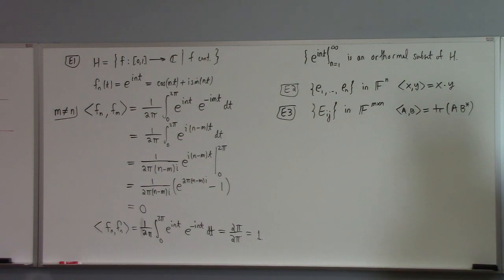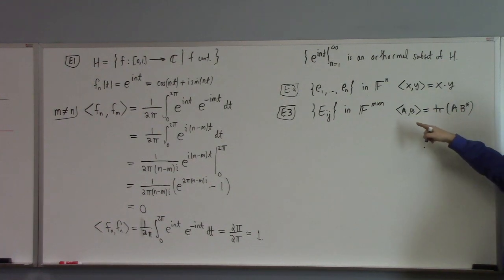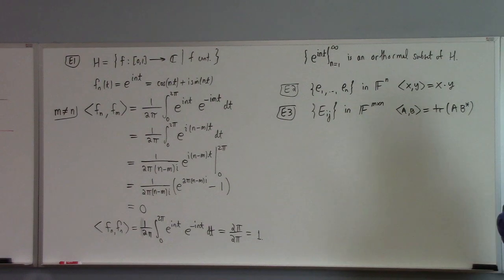These are orthonormal bases for column vectors and for matrices. The matrix units all have length 1 and they're perpendicular, right? So you can prove it.